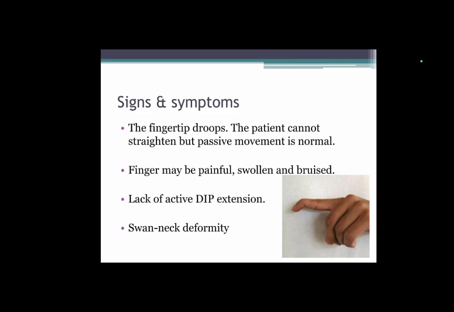Patients may also experience difficulty with gripping and performing fine hand movements. If left untreated, chronic mallet finger can lead to secondary deformities such as swan neck deformity.